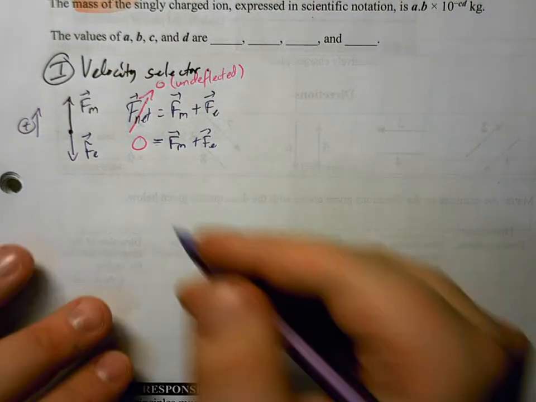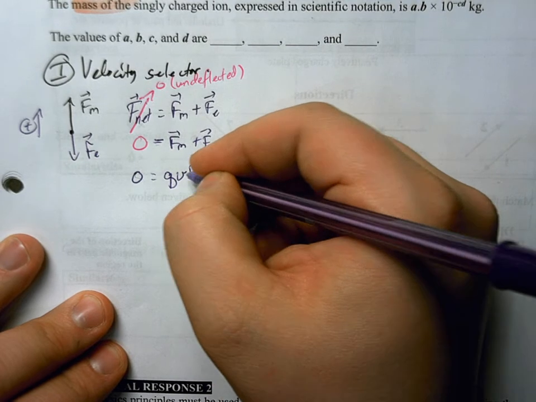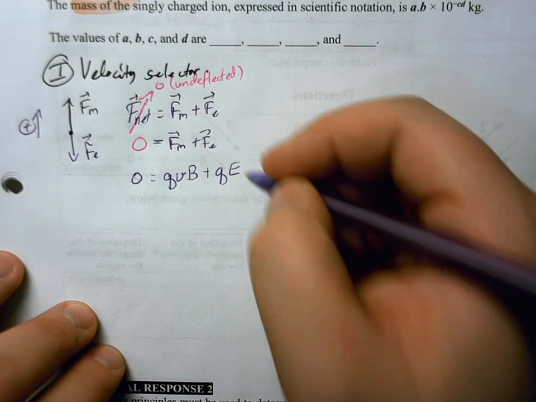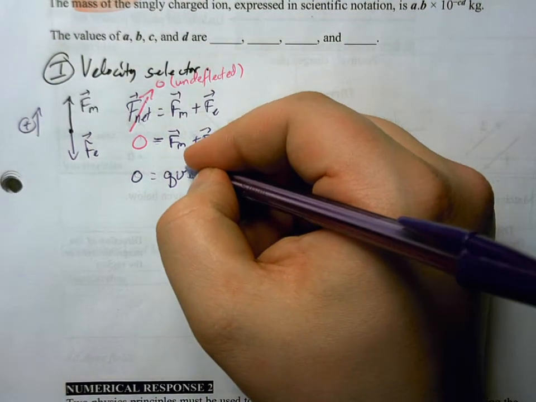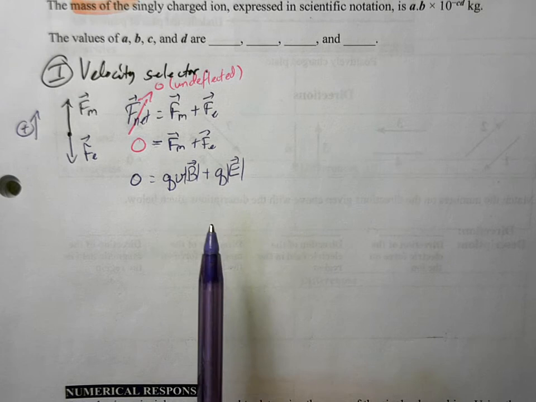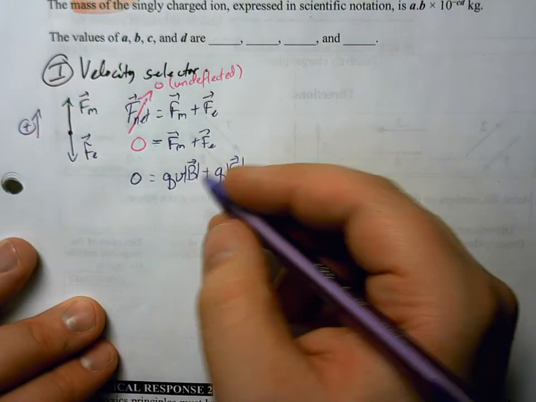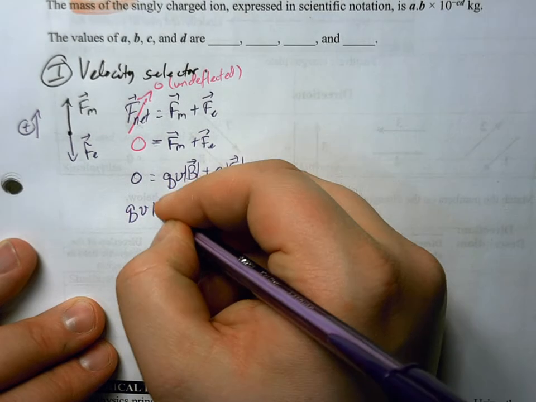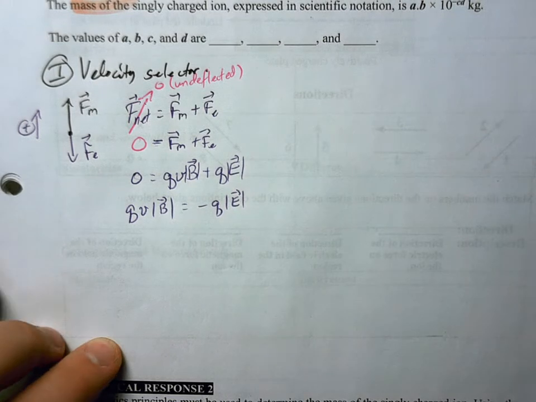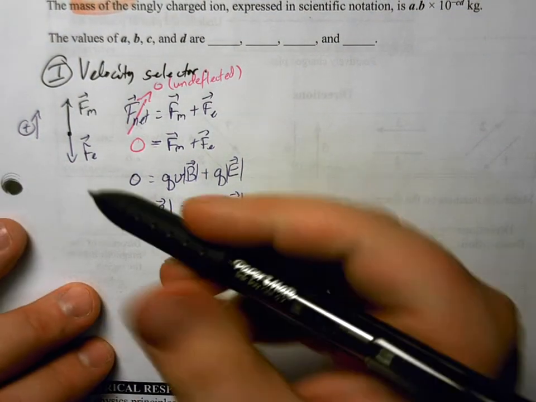Or we know that 0 is going to be QVB plus QE. What we can do is solve this for V, or I can put things on other sides, so I can say that QVB is going to be negative QE. Now the charge is going to go away.